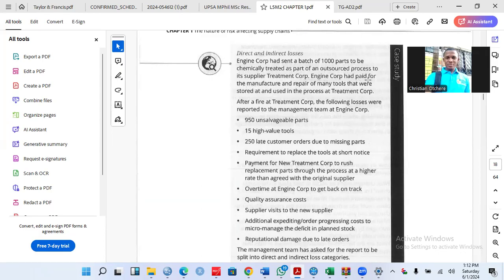Engine Core had paid for the manufacture and repair of many tools that were stored at and used in the process at Treatment Core. After a fire at Treatment Core, the following losses were reported to the management team at Engine Core. So after the fire, these were the losses. Now, these losses will have to be categorized under direct and indirect losses.